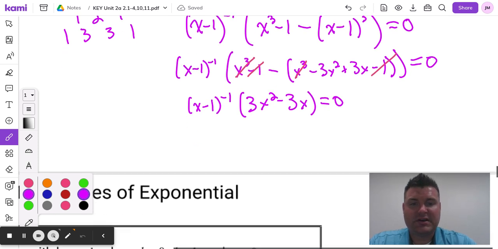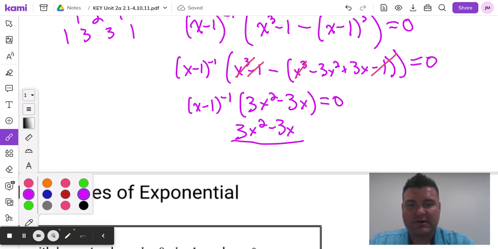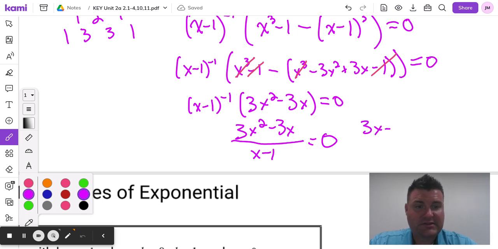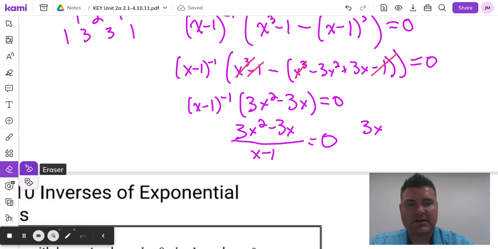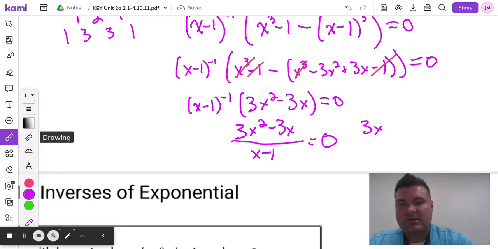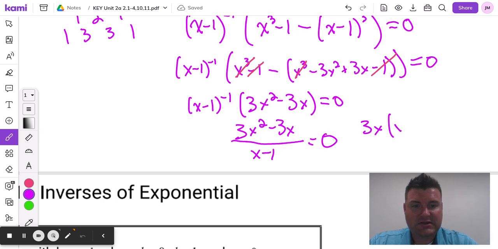Let's do a real quick rewrite on this to make this into a fraction. So I'm going to get 3x squared minus 3x all over x minus 1. I can actually factor a little bit further. I'm going to do that. I'm going to get 3x minus, no, taking out 3x. Got ahead of myself there. 3x, and it's going to leave me with just an x minus 1.